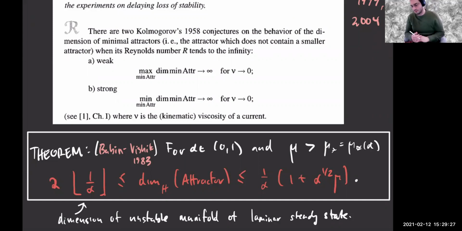No, it's not known because it's very difficult to actually understand pieces of the attractor. So in this example, one piece of it is well understood: the laminar steady state, which is an explicit analytical thing, you can understand perfectly its unstable manifold. And that's in the attractor, so you get this bound.